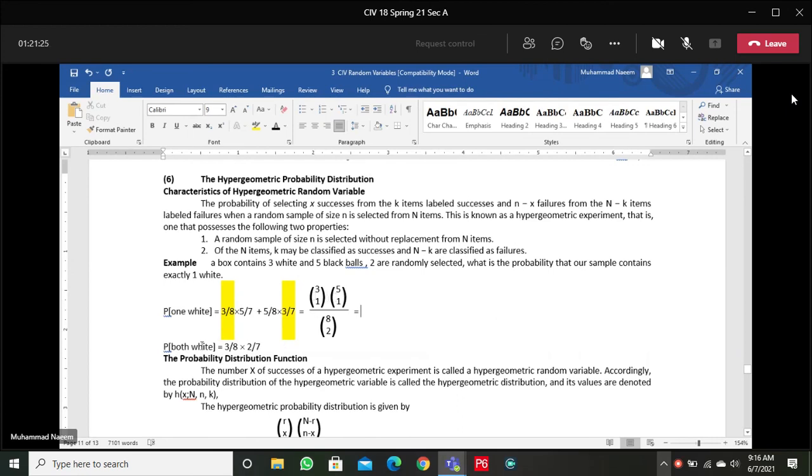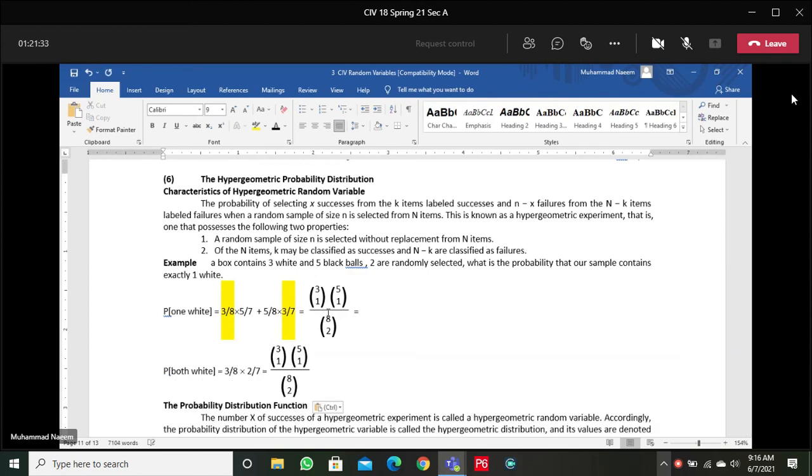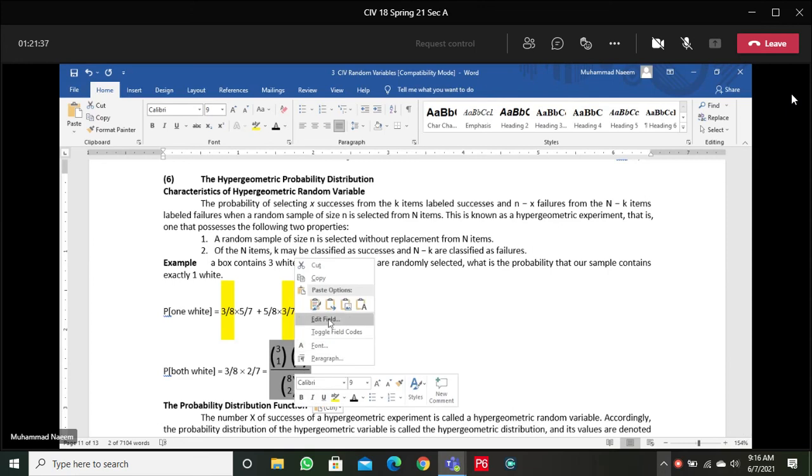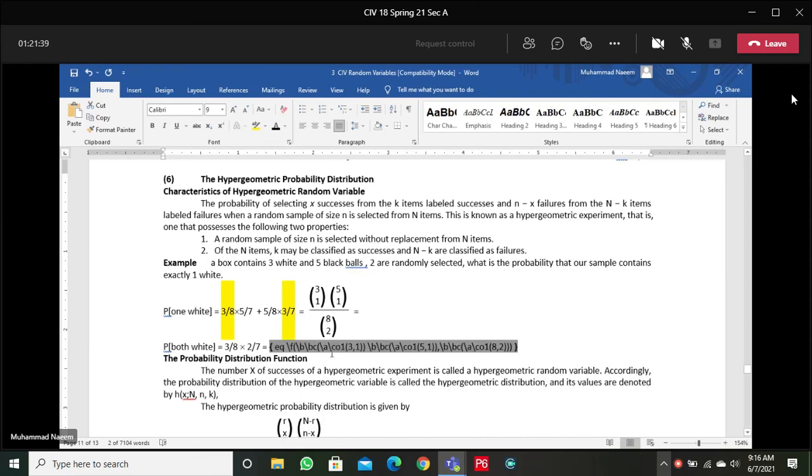What happens in this case? As we are interested in both white, both come from 3 and nothing comes from the black category.